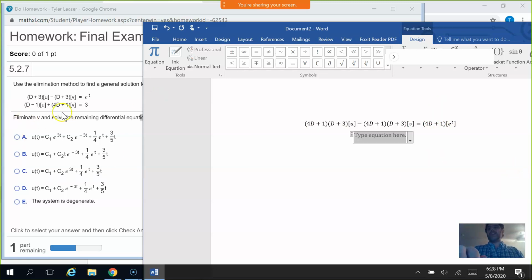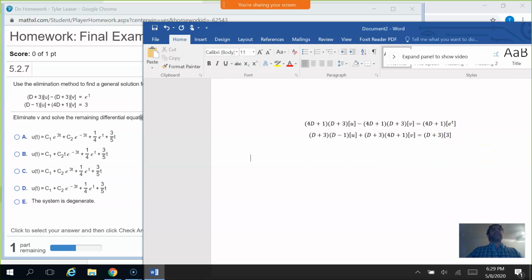For the second equation, that one is missing the D plus 3. So I'm going to multiply all three terms of the second equation by D plus 3. Don't forget to operate that on the very last term of this one as well.